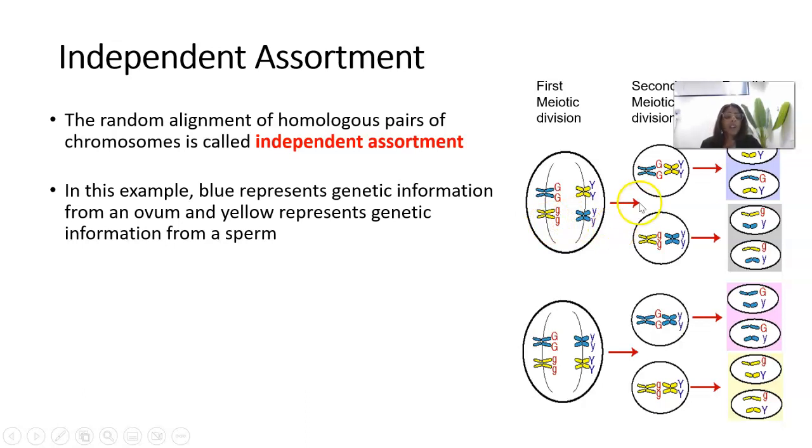So therefore, when we have meiosis, you will have some gametes with only dominant genes and some gametes with only recessive genes. So if that egg was fertilized by a sperm, you might end up with an individual with very dominant dark features if we're talking about skin and hair color.